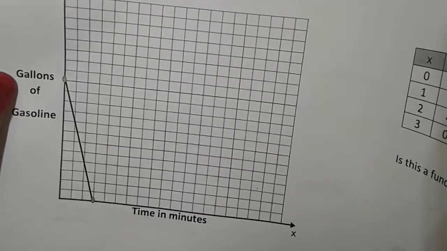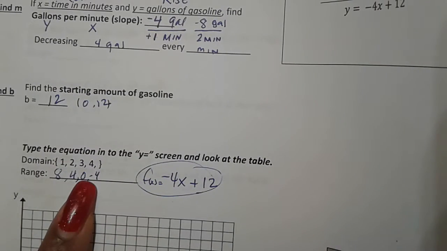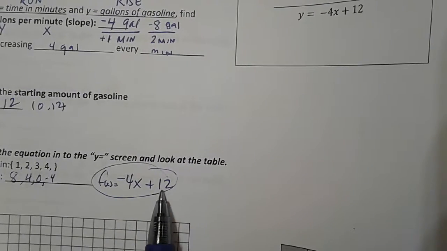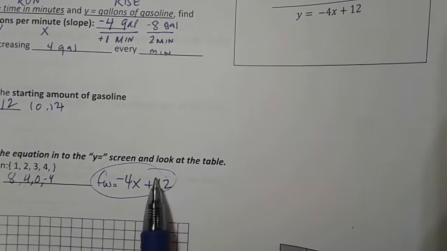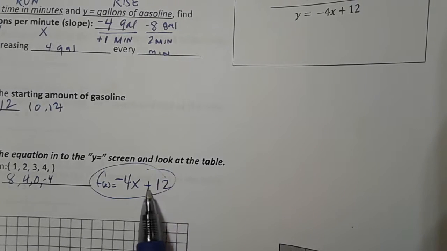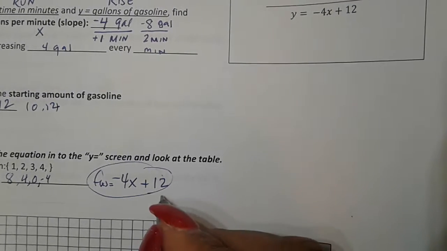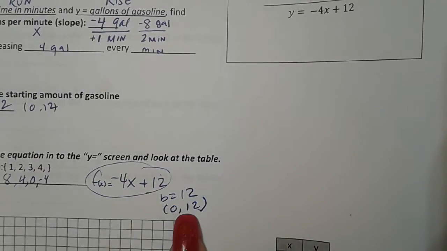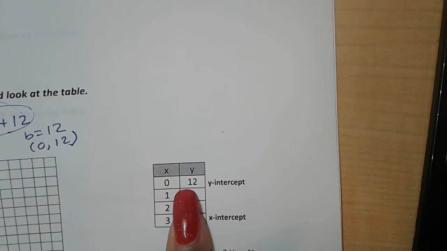Graph, which should match the what? Domain and range values. Okay, so b is 12. Right here, that's the y-intercept. That's b. That's 0, 12, where you start. There it is. That's correct.